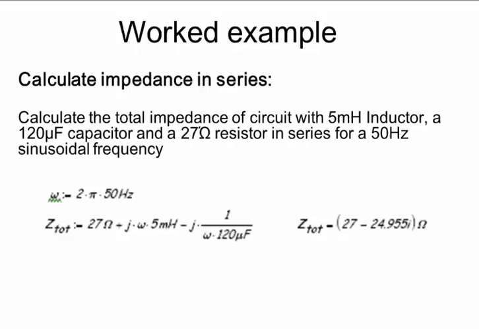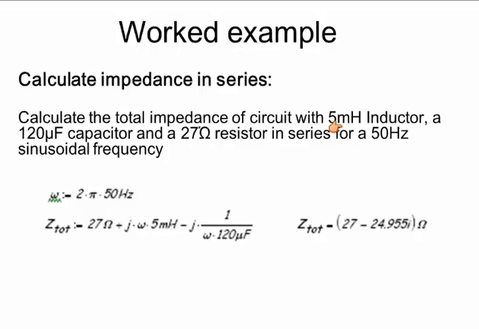Now, this is a little bit more complex. We've got a total impedance calculation, where we have to calculate the 27 ohm resistor, 120 microfarad capacitor, and a 5 millihenry inductor. So I'm going to switch again, but before I do this, I think I'm going to do the numbering quickly offline. So we say L equals 5 millihenry.